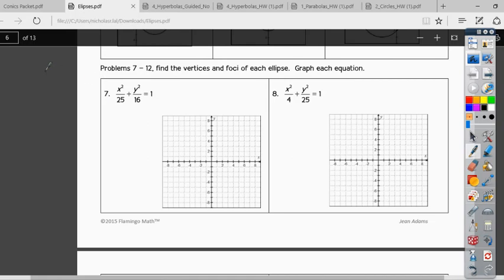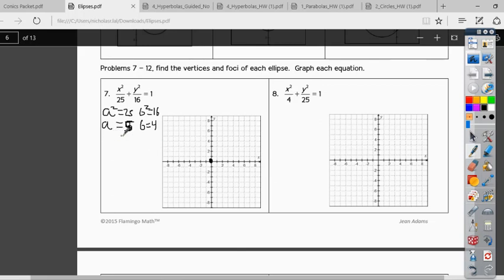For problems 7 through 12, find the vertices and foci of the ellipse, graph each equation. So we have a center at 0, 0 here. A squared equals 25, B squared equals 16, so A equals 5, B equals 4.